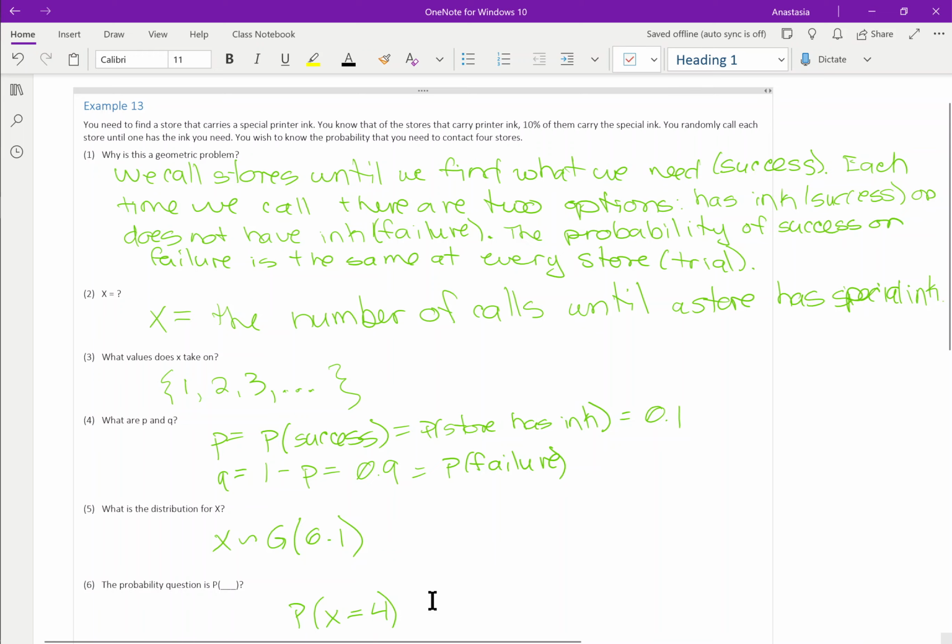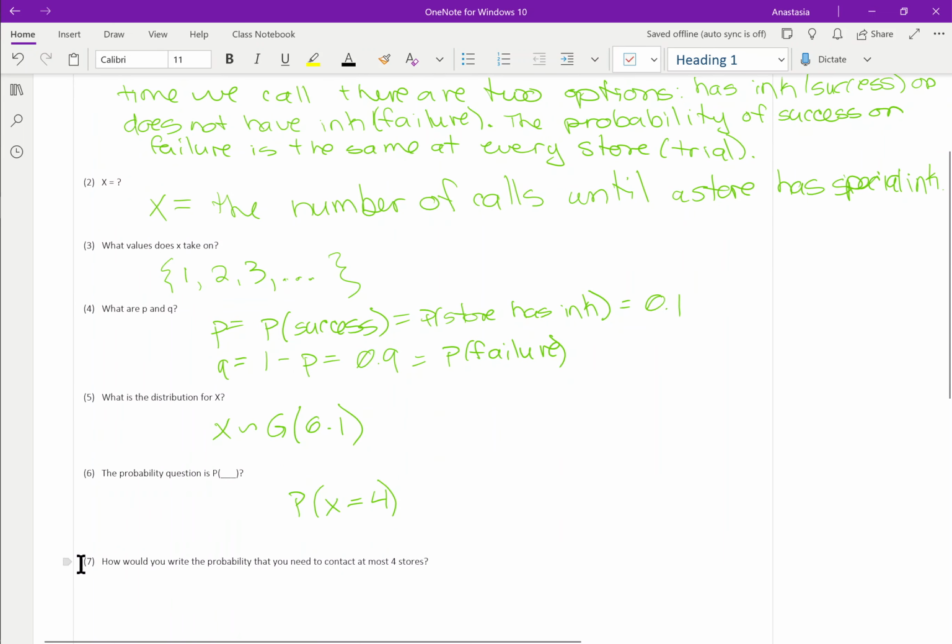So then, as a follow-up, how would you write the probability that you need to contact at most 4 stores? That's a little bit different than what was originally described. At most 4 stores means you could contact 4 stores or 3 stores or 2 stores or 1 store. So that's the same thing as the probability that x is less than or equal to 4. And that wraps up our solution for example 13.